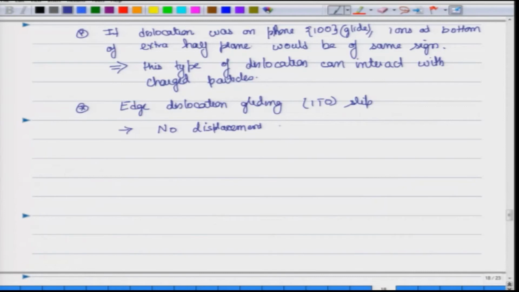So, there is no displacement along the line, which is the case if you are looking just at the dislocation core. If you move along the line, there will be no displacement, and when there is no displacement, it means there is no change in the charge.